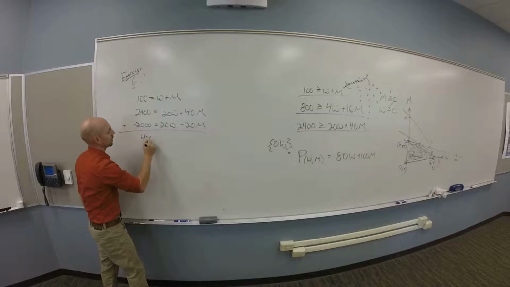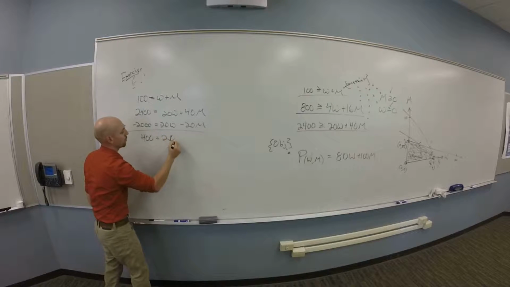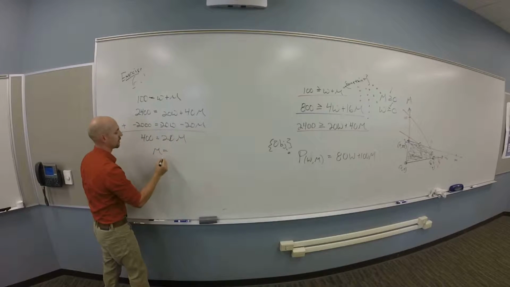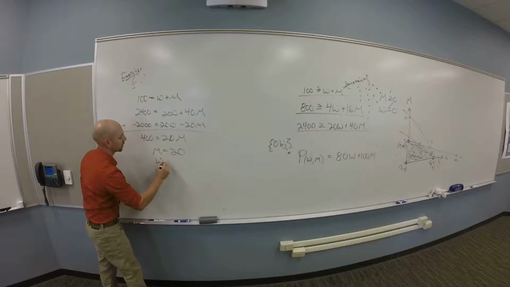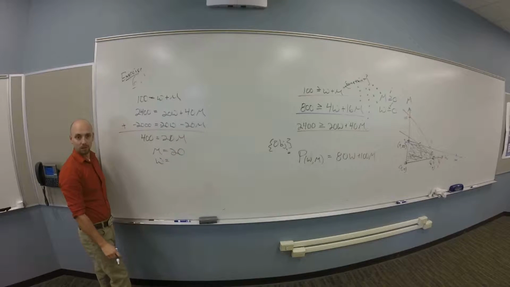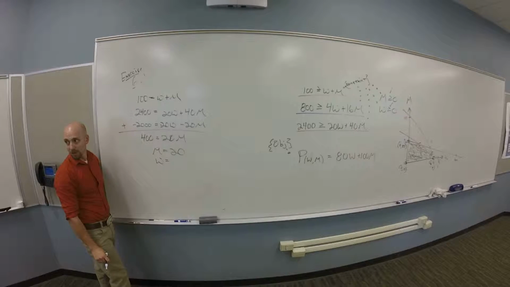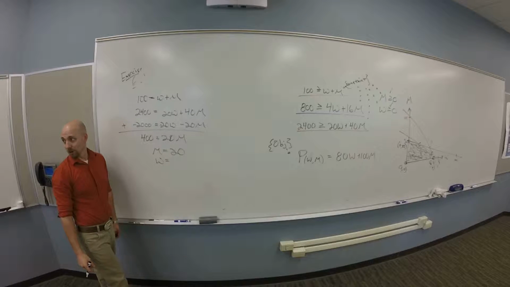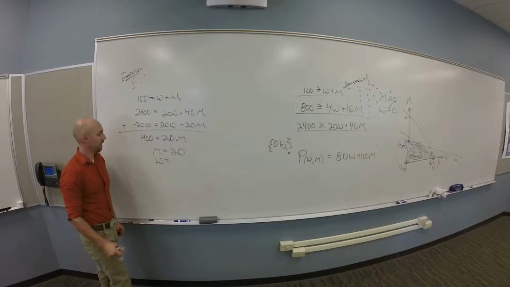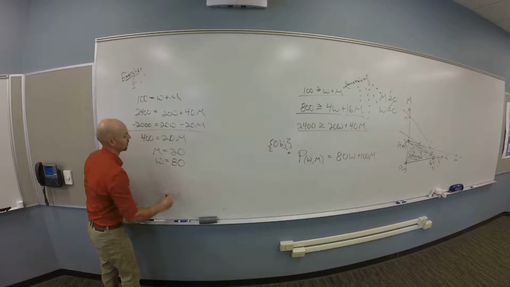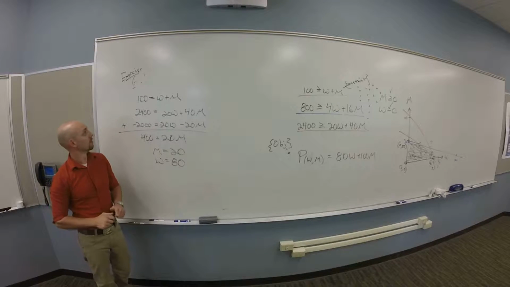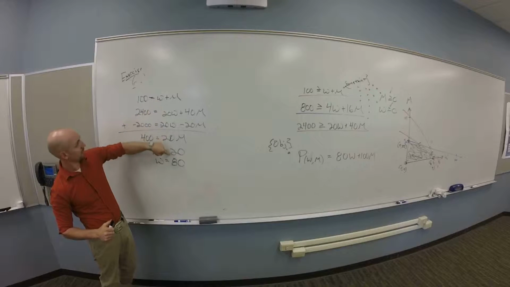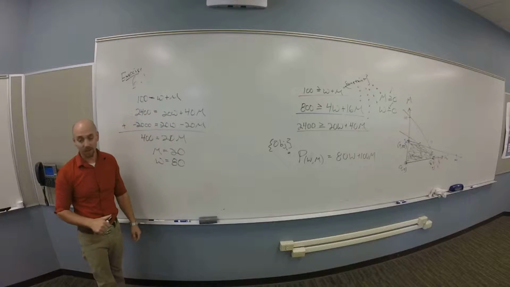Get 400 is 20M, so M is 20, and that forces W to be... If you plant 20 acres of corn, how much have you got left? 80. 80 acres left. Plug 20 in, you get 80 left.